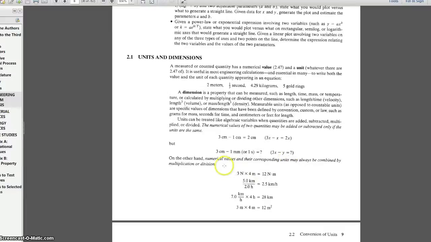The third part is that numerical values and their corresponding units may always be combined by multiplication or division.